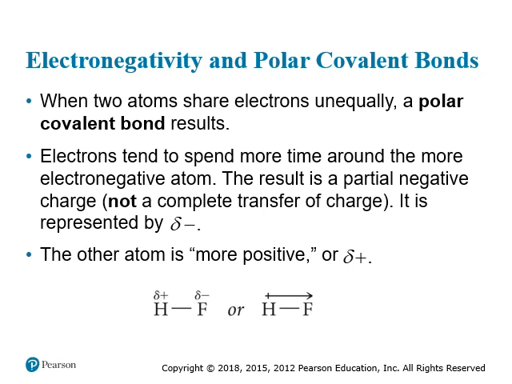Fluorine is pulling harder on those electrons. So we see the formation of a polar covalent bond. We see the unequal sharing of electrons.